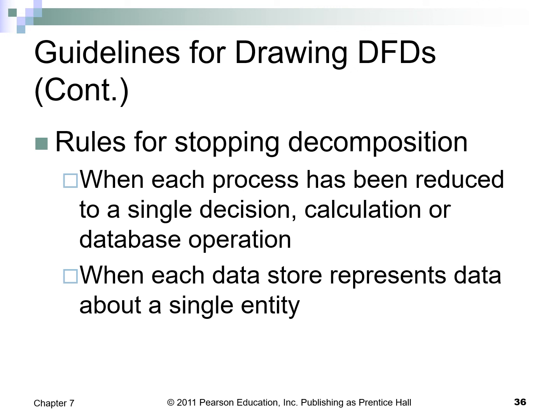So I will decompose this process into two sub-processes: one process to process the information when you pass, and another process to process your information when you fail. So when you want to decide to stop decomposition, every process should have only one decision to be made, only one calculation to be made.